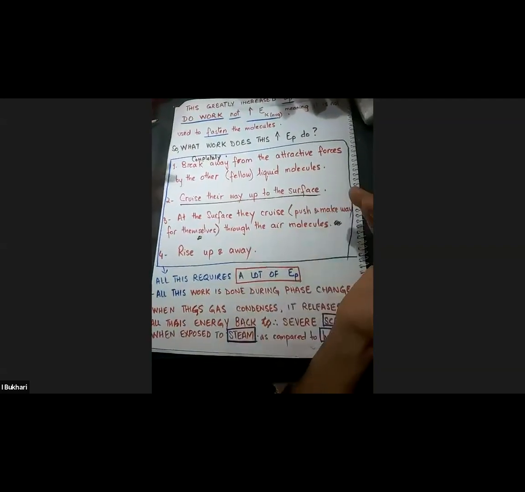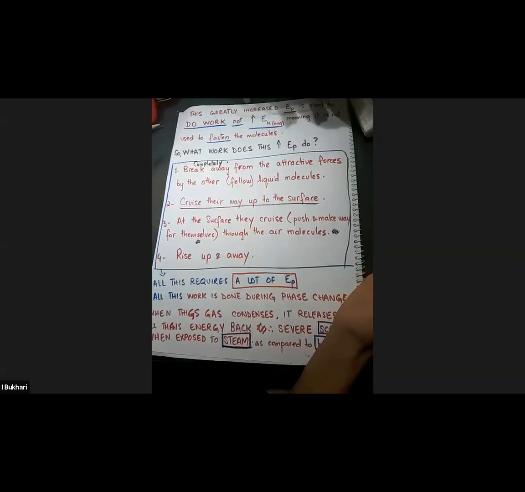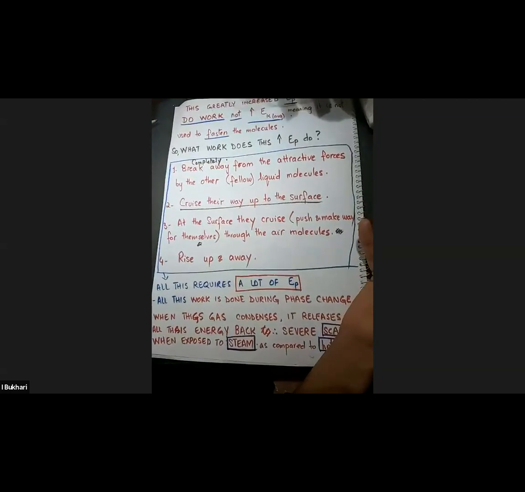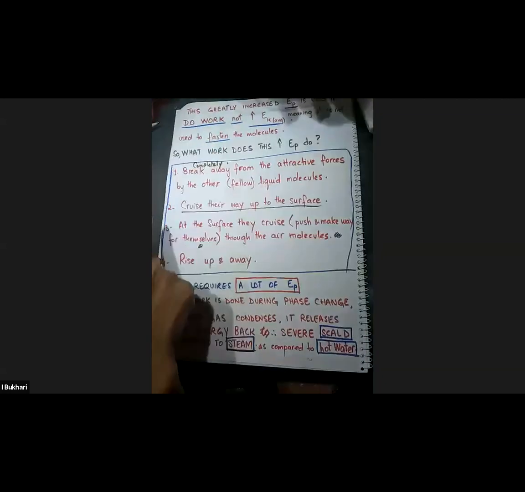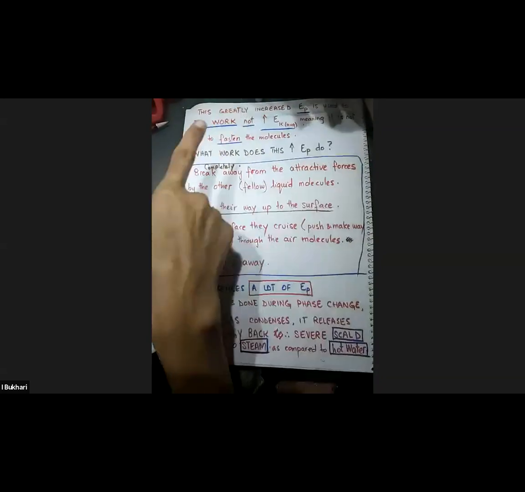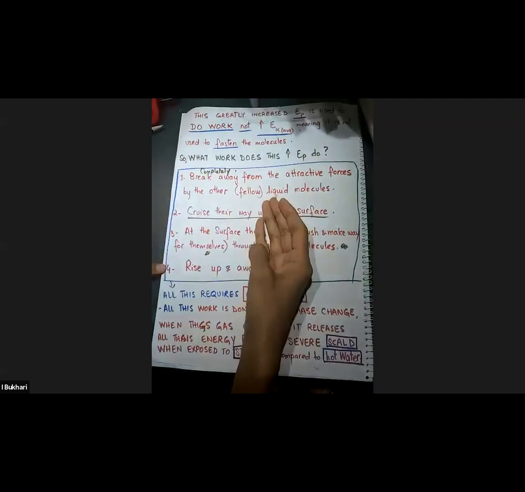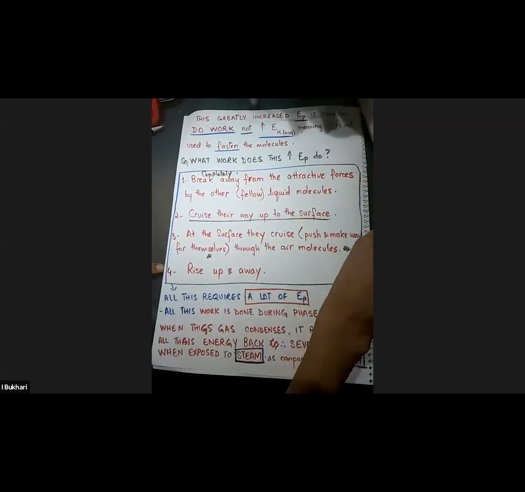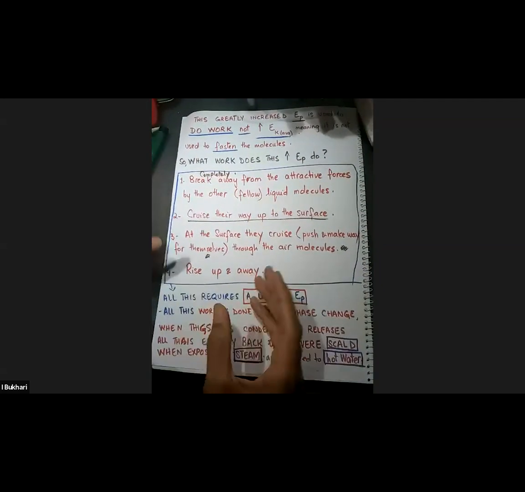Now that is why a steam burn gives you a scald as compared to hot water. Why? Because all of this energy that the molecules have acquired, they have used it to do this work, but they also possess it. So they are really high.